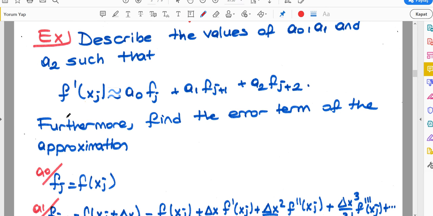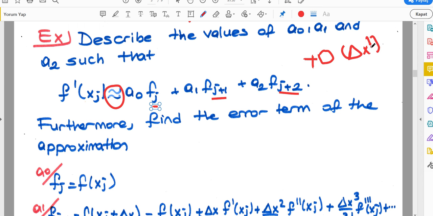The first derivative you will approximate, and the right side is f of j, j plus 1, j plus 2, using some coefficients. Please be careful and notice that I have written approximation. Why? Because there is no plus order of delta x to the power something.